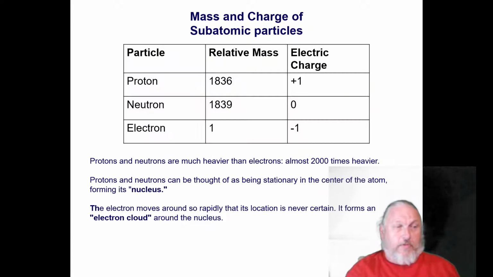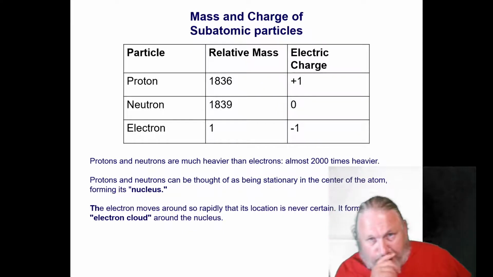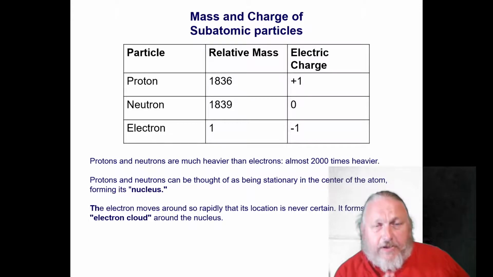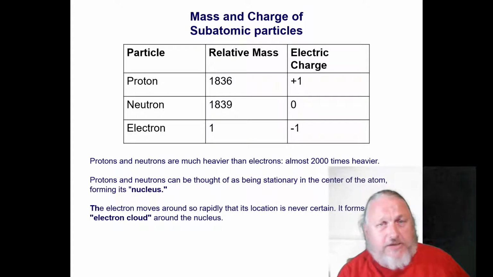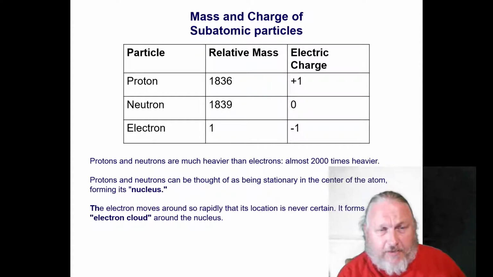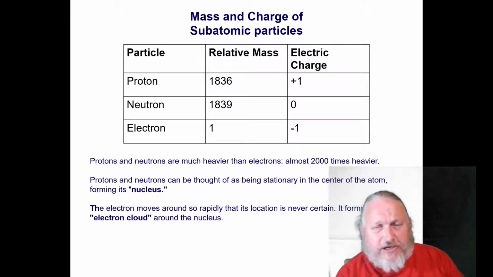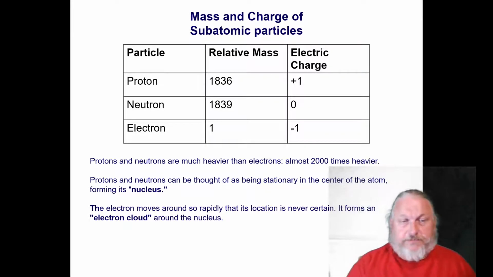We learned from Unit 1. Again, just a little quick review. We know that the protons and the neutrons are so much heavier, almost 2,000 times heavier than an electron. And the protons and neutrons, you can think of them as being stationary right there in the center of the atom in what we call the nucleus.